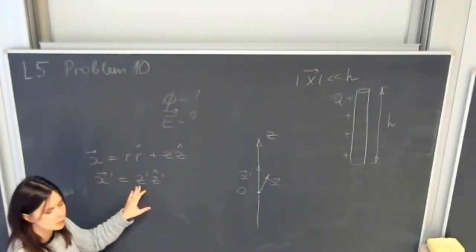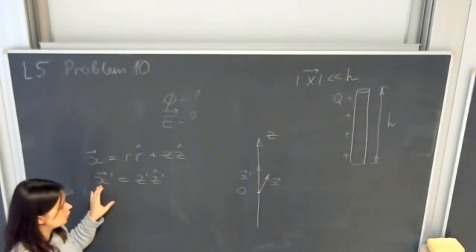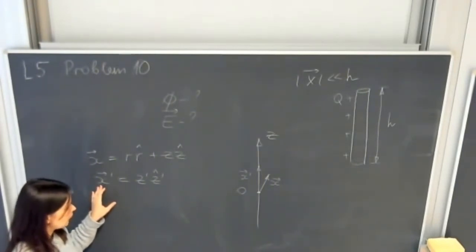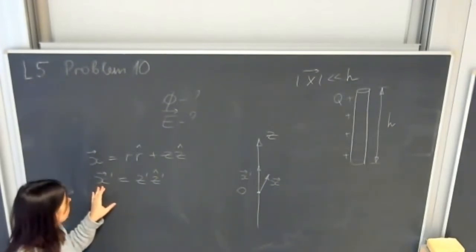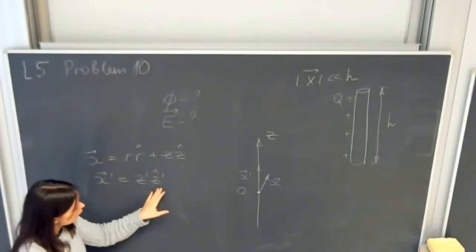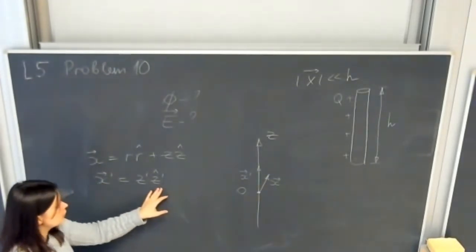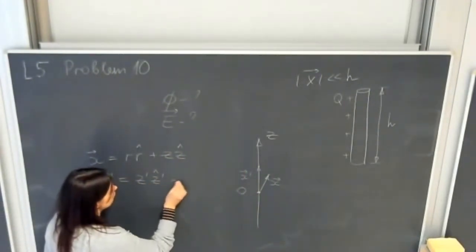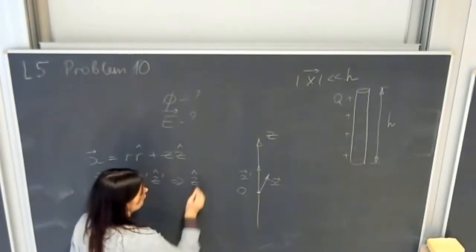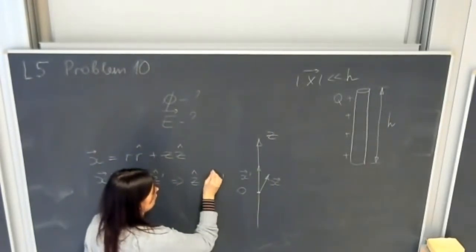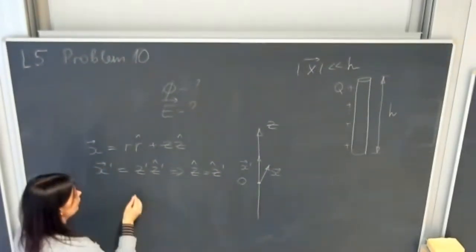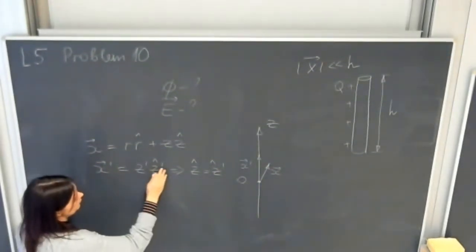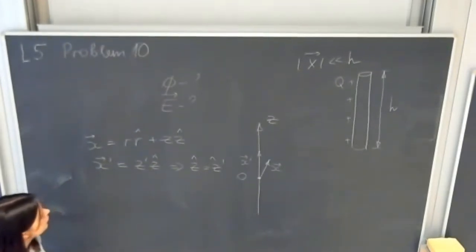We have z prime for the source point vector. However, the direction of the unit vector z prime is pointing in the same direction as the z vector. They are equal, and then the prime can be removed.